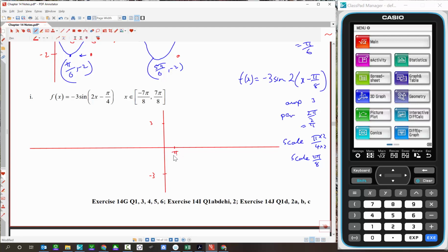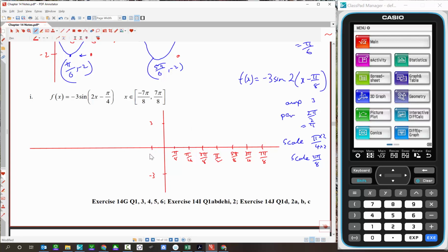So let's go pi on 8, 2 pi on 8, which is pi on 4, 3 pi on 8, 4 pi on 8, which is pi on 2, 5 pi on 8, 6 pi on 8, which is 3 pi on 4, 7 pi on 8.